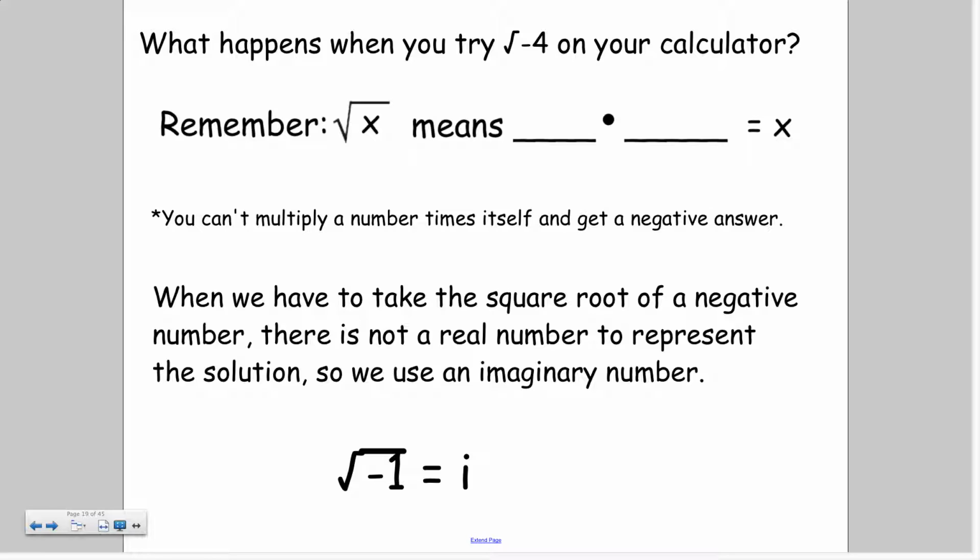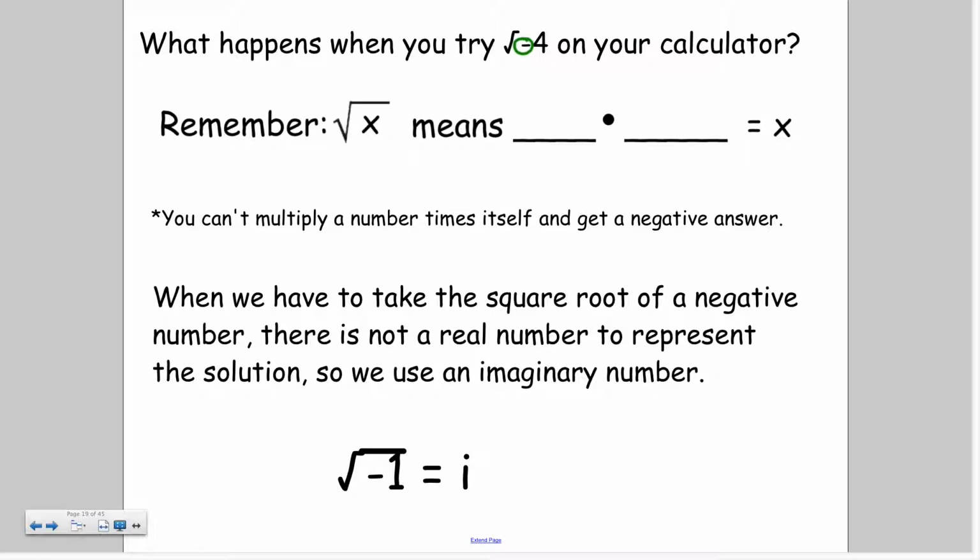All right, so what happens when you try to put the square root of -4 on your calculator? If you have a calculator, I want you to try that and see what you get. When you put that in, you should end up getting an error. So that just means that this right here cannot happen, all right?